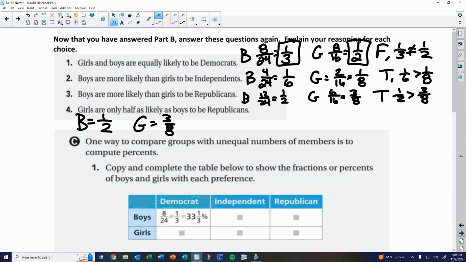Well, if I took 3/8 and added 3/8, what do I get? 6/8, right? 6/8 is bigger than a half, because half in eighths is 4/8. So this is false. So just by looking at the data for what it actually is, 2 of these changed, and they're not all true anymore.